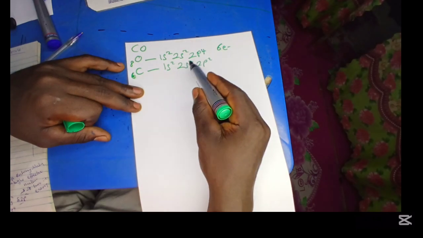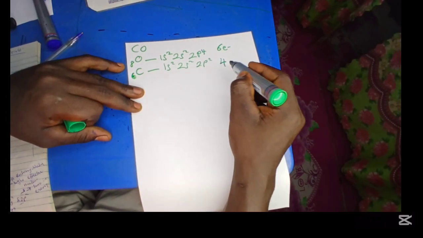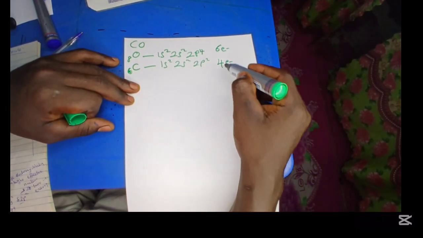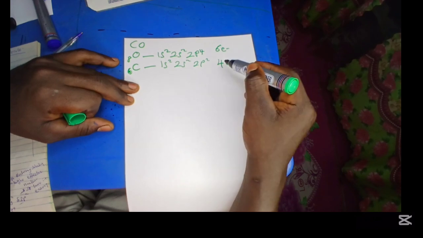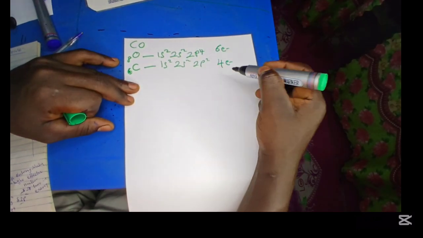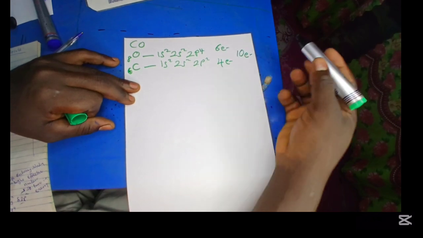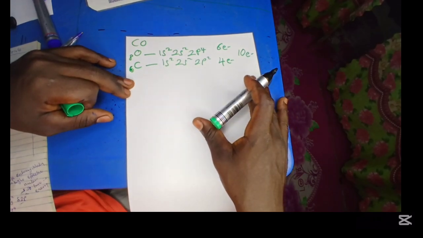For carbon, we have 2s2, 2p2, so 2 plus 2, a total of 4 electrons. The sum, 6 plus 4, gives the overall valence electrons of the molecule: 10 electrons. We need to calculate this before we start drawing the molecular orbital diagram.